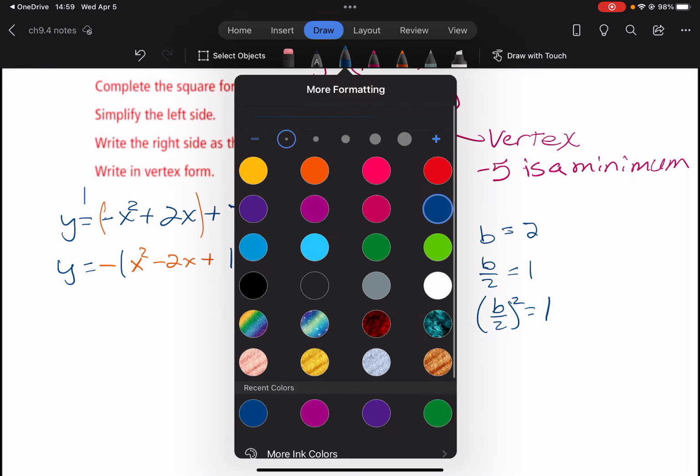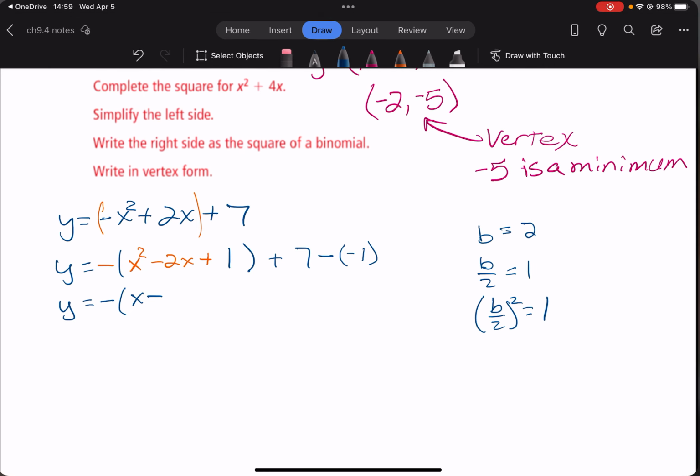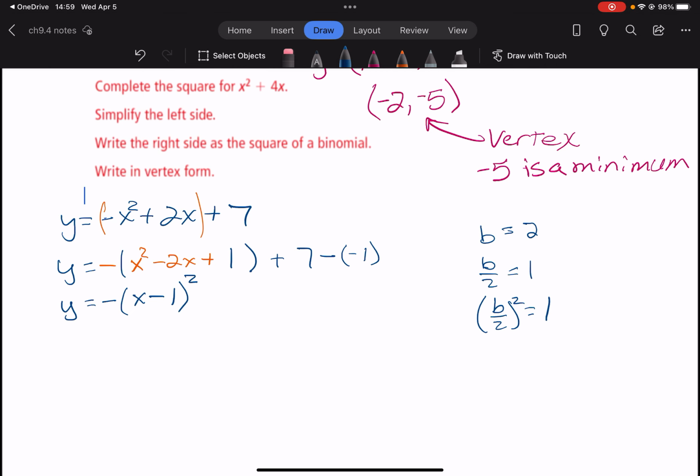So now I can go ahead and factor. I could say y equals minus, boom, x, first sign is negative, b over 2 is 1, squared, 7 minus a minus 1, which is plus 1, makes it an 8. So that's negative 1, 8.